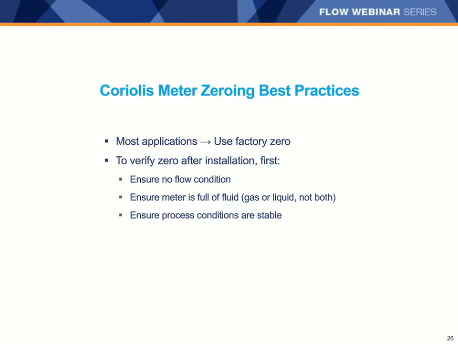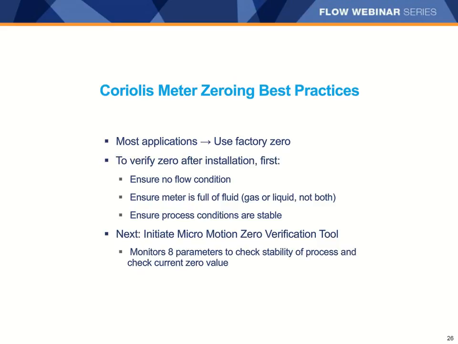Once the required no flow conditions have been established, the next step is to initiate the Micro Motion meter zero verification test. This test runs automatically and will tell you in roughly a minute whether or not the process is stable enough to verify whether the zero is good or not, and it will then tell you whether the current zero setting is good. If one of the multiple diagnostic measurements that are run during the test indicates that the conditions are not stable enough for a conclusive result, the tool will give you advice as to what you need to do to remedy the problem.